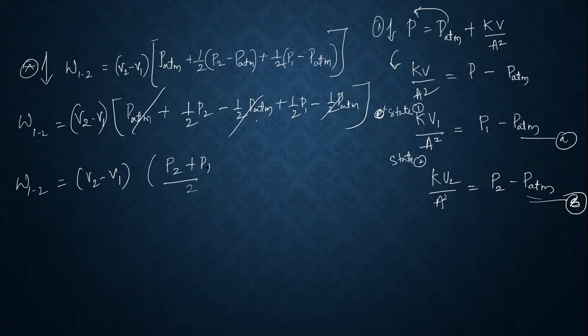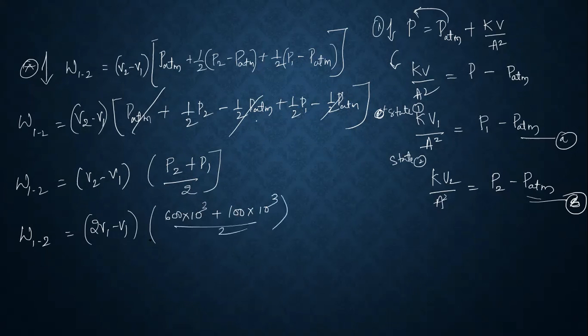Now you have a P1 value and a P2 value. Substitute them in W1 to 2. V2 is doubled, 2 times V1, so 2 times V1 minus V1 into P2, which is 600 into 10 to the power of 3, plus P1, 100 into 10 to the power of 3, divided by 2.